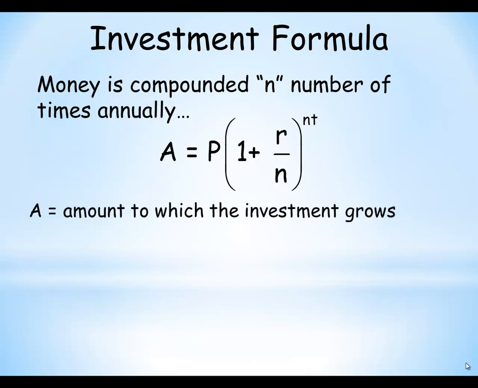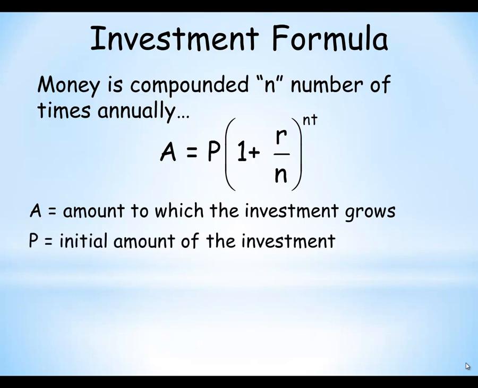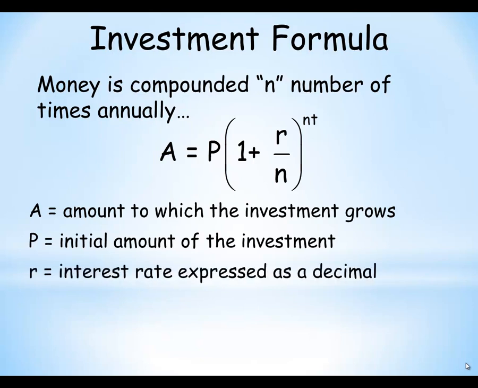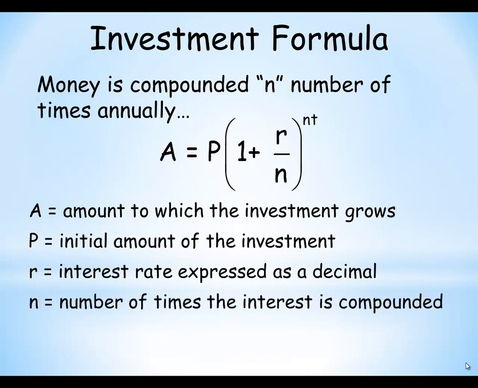A is the amount to which the investment grows. P is the initial amount of the investment, otherwise called the principal. R is the interest rate expressed as a decimal. N is the number of times the interest is compounded. And t is the time in years.